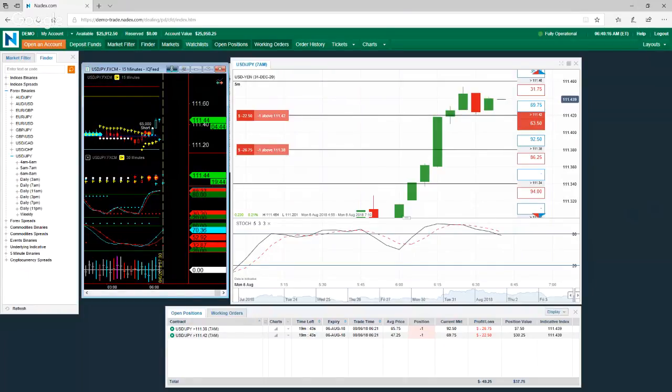The previous bar really did not do anything. It's just what's considered an inside bar.